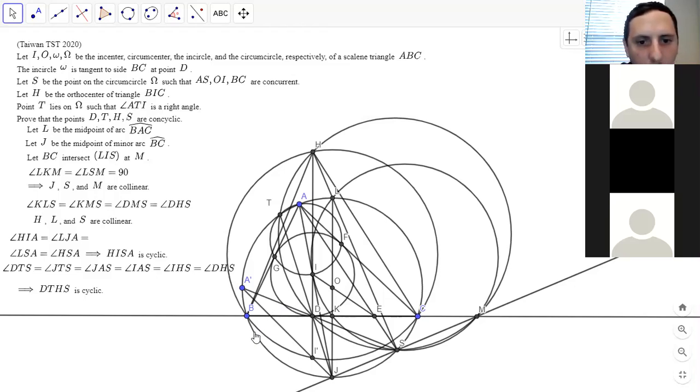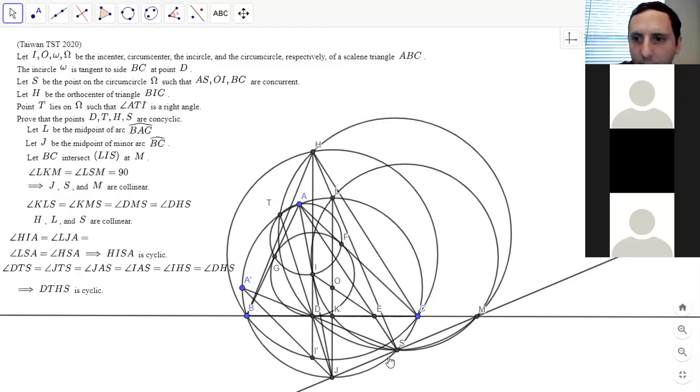So HDSM. Oh wait, but we don't know. Okay, so HDSM we know is cyclic. Yeah, but we proved J, S, and M are collinear because angle LKM is LSM is 90 degrees, right?